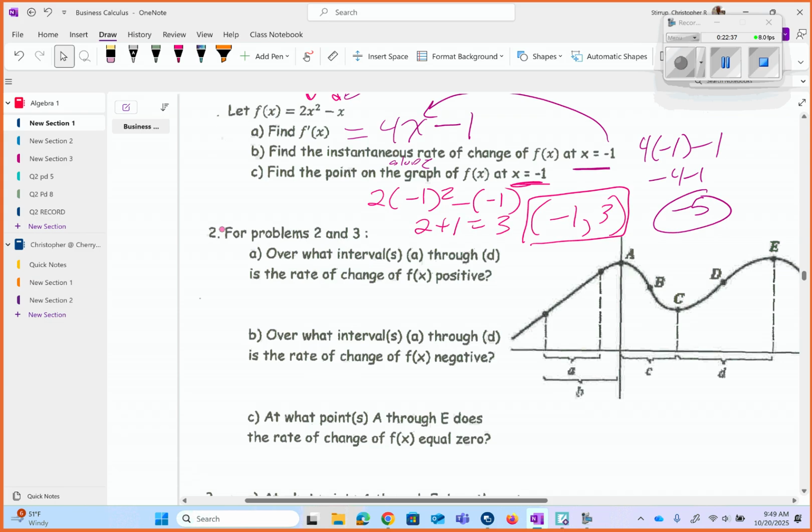So they want to know over what intervals A through D, little a through little d, not capital A, B, C, D, E. So we're talking about this. We want to know where our graph is positive.